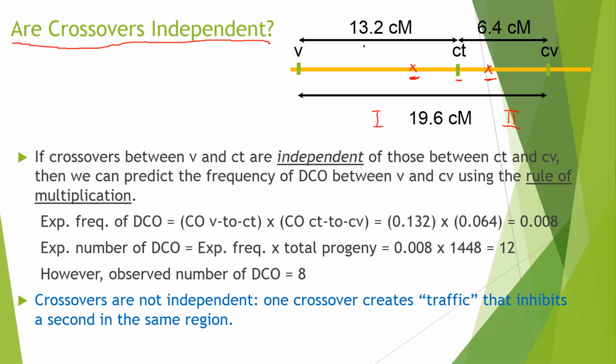Remember, what is the genetic distance between these two genes? This genetic distance is defined as the recombination frequency, right? So what's the chance that you're going to see a recombination occurring between these two genes? That's the probability for event 1, and that's the probability for event 2.